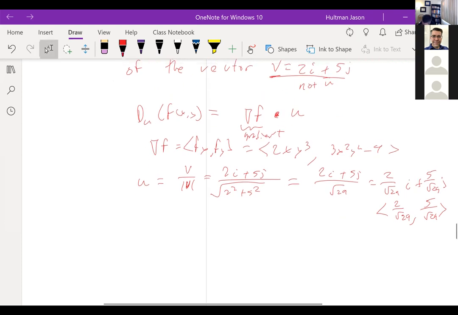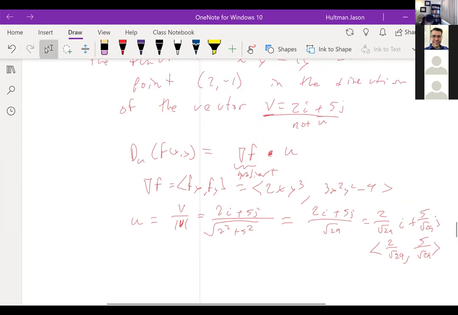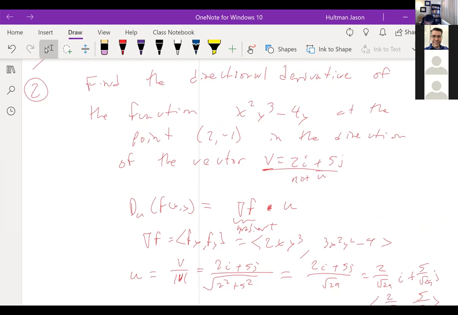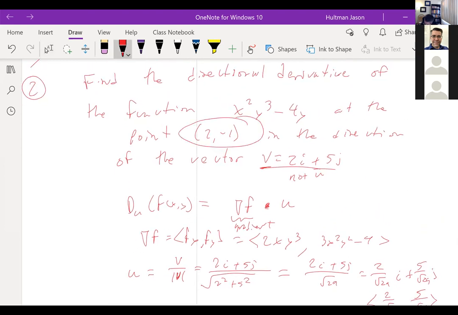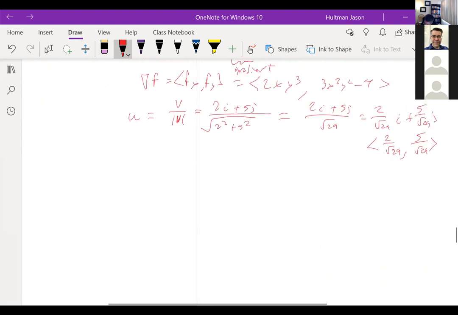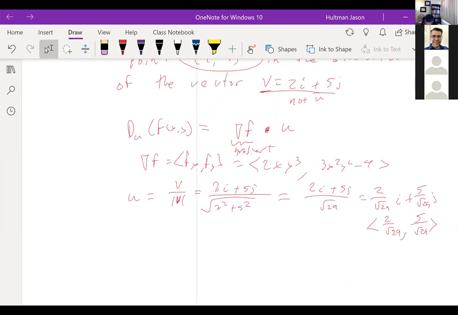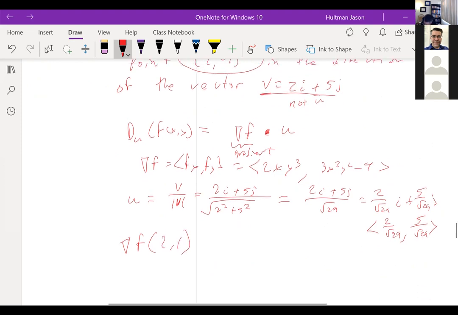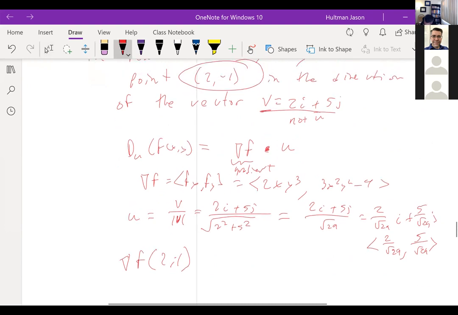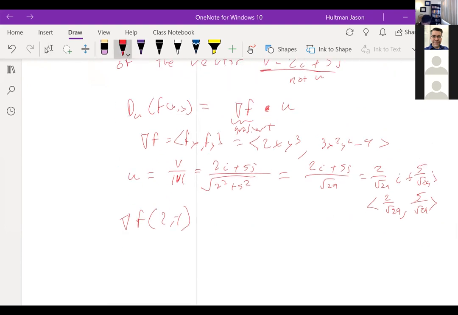We want the directional derivative at this point though. So I'm just going to find, well, what's del of f at 2, -1. Just plug it in. What's that vector?